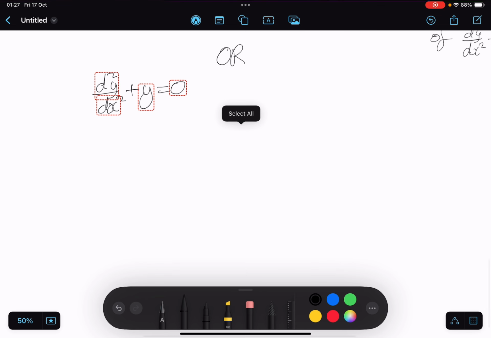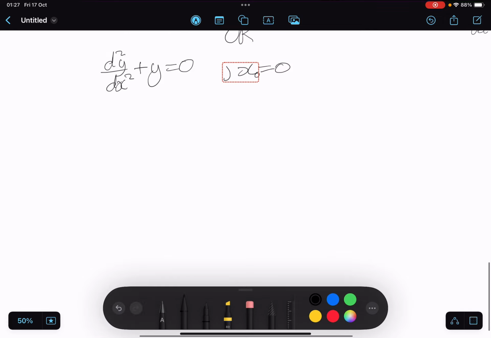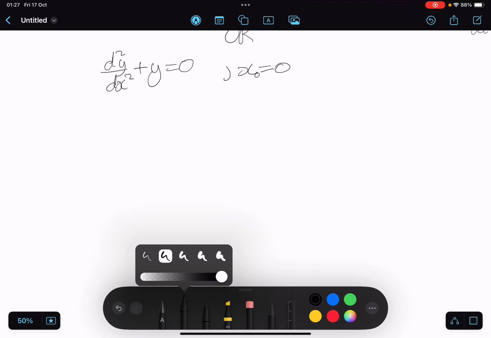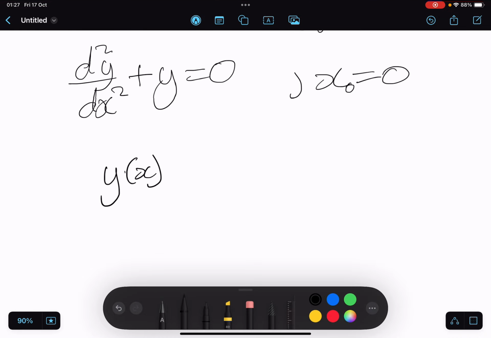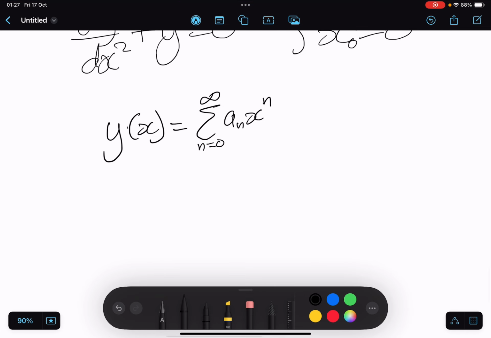Remember, we are evaluating this where x naught is equal to 0, so we assume that there's a solution in this form: y of x is equal to the sum n is equal to 0 to infinity of a n x to the power n. So this is the first step.